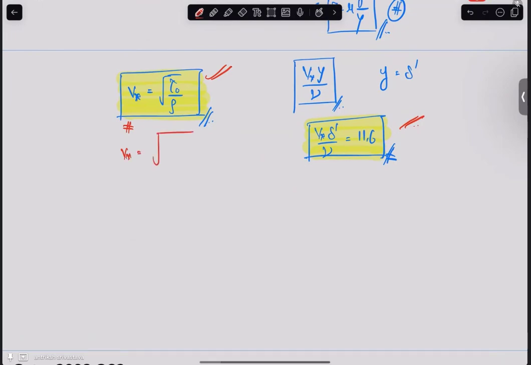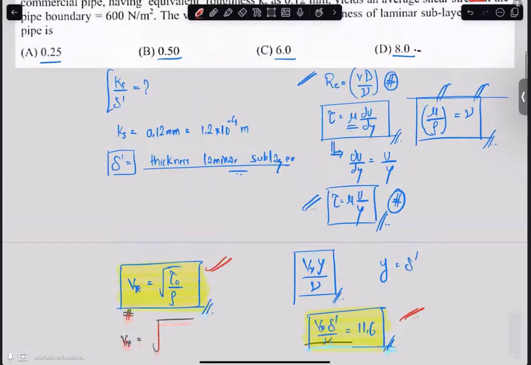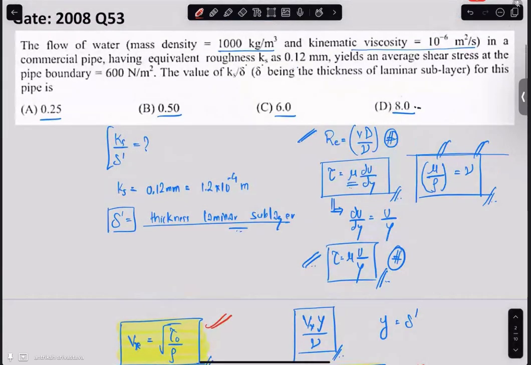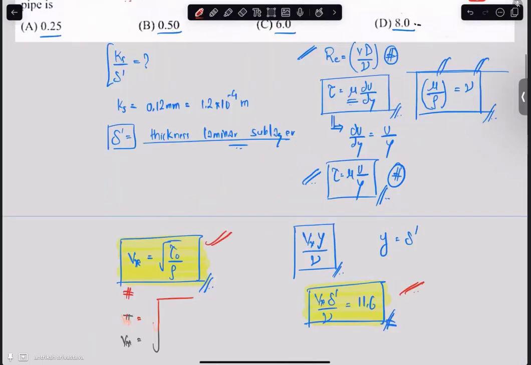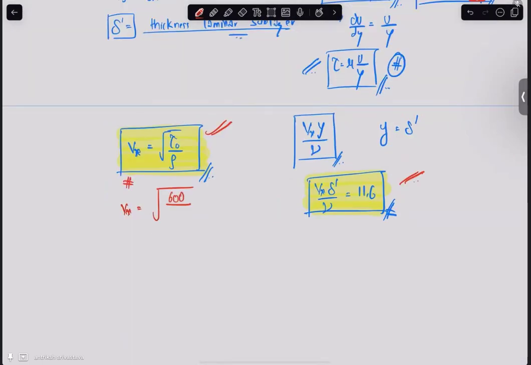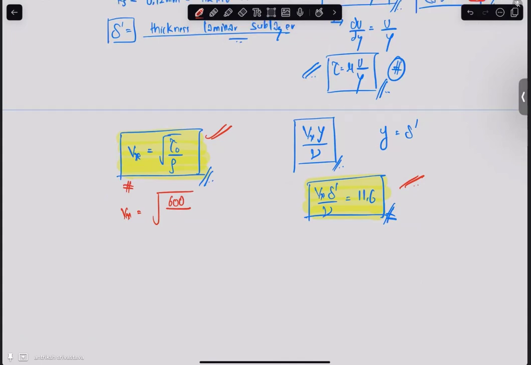So V star is root under tau naught divided by rho. Tau naught is the friction that is experienced at the wall of the pipe. It is given as 600 Newton per meter square. We have 600, and then we have our rho, that is the density of water, 1000 kg per meter cube. So the friction velocity is 0.6 meters per second.